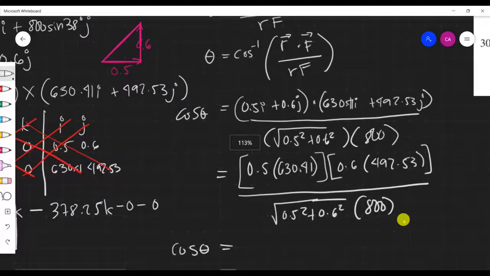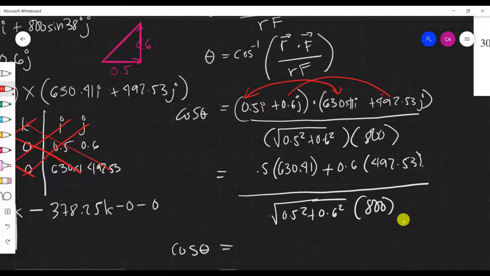Hindi siya multiply. Dot product pala ito. Hindi siya multiply, kundi plus. Kapag dot product tayo, kung ano yung katapat niya, multiply. Mariretain pa rin yung kanyang plus. Yun doon ako nagkamali.